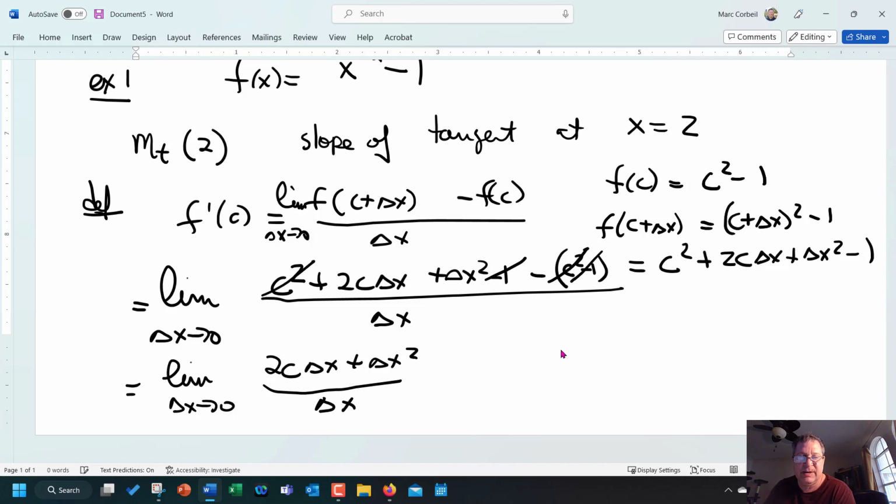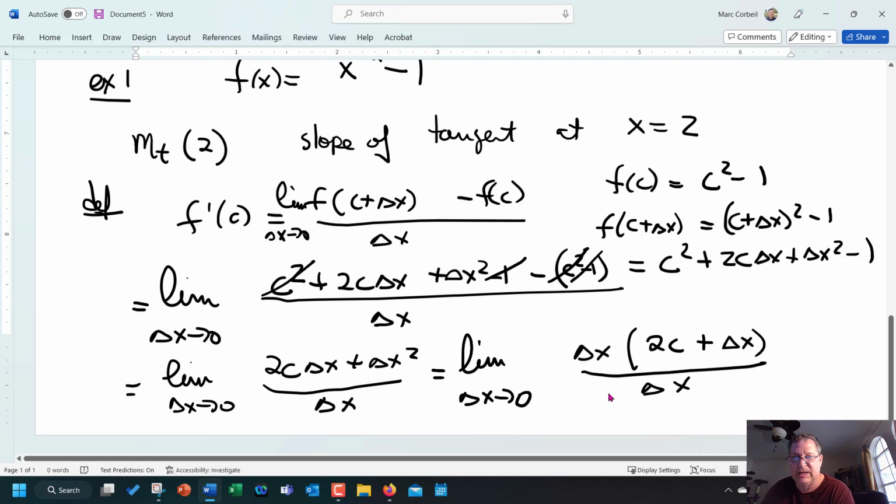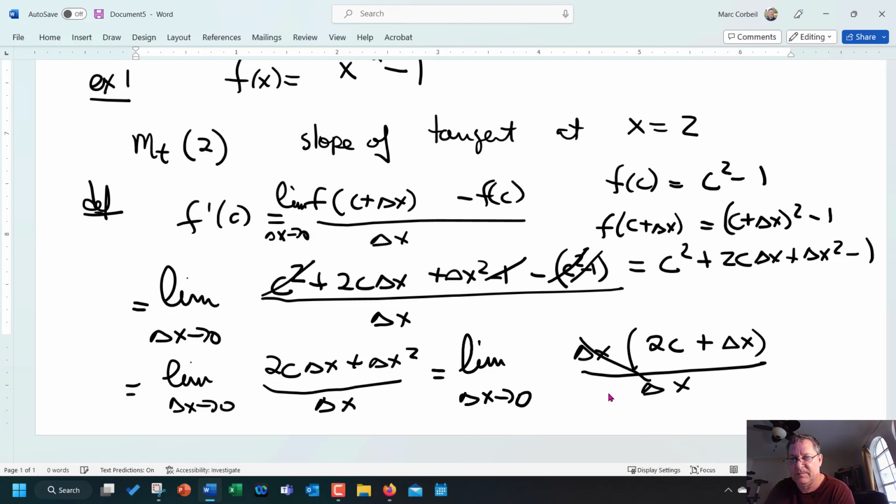So we're just left with that part. Here we could factor out the delta x, 2c plus delta x. We're going to need to factor it out. If we tried to do this limit, we'd get 0 over 0, so we'd have something that we couldn't evaluate. We do this, and we get to the point where we have 2c plus delta x.